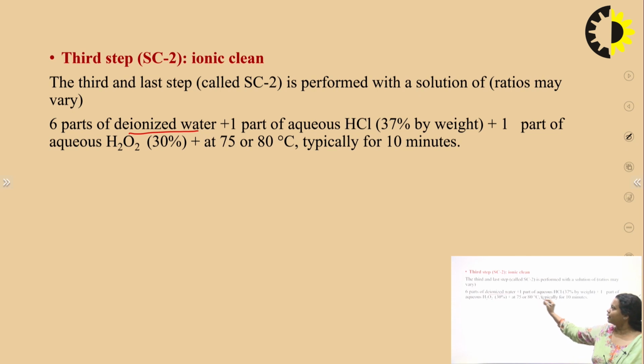And then 1 part of aqueous HCl, that is 37% by weight, and 1 part of aqueous H2O2, that is hydrogen peroxide. We use it at 75 to 80 degrees Celsius, and for 10 minutes. The same as in the first method, SC1, where we used the ammonia solution, in this we are using the HCl solution.